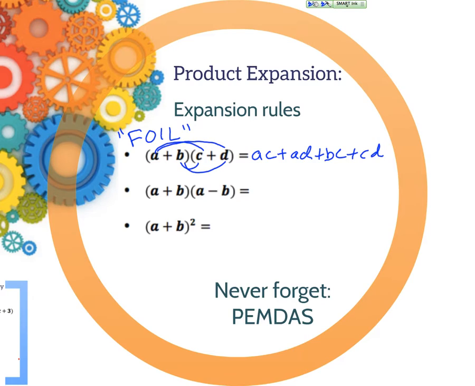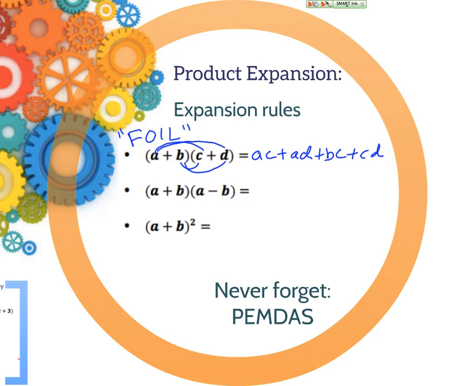That's your expansion rule. Now you can FOIL on all of these. The next two that I have are just shortcuts that are helpful to know, and they help you with some other stuff, but you're not really required to use them.